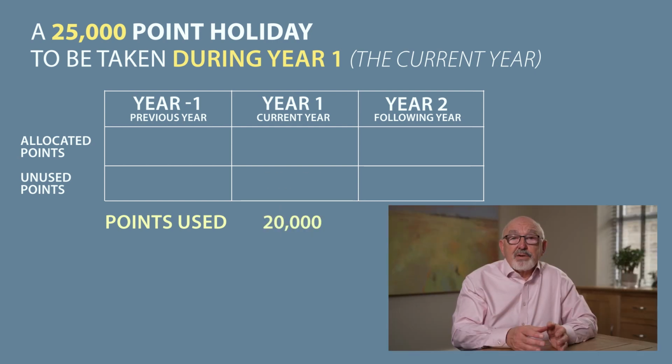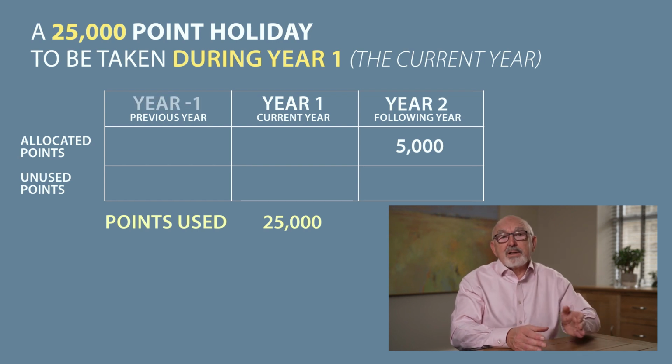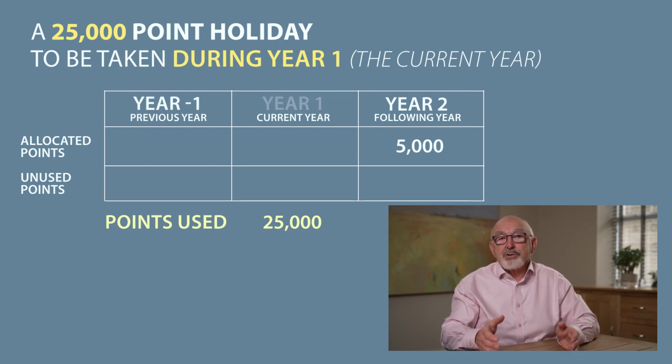The point system is flexible enough that we can use up to 50% of next year's points. So we're now using year minus 1, year 1, and year 2 for points. We take 10,000 points from year minus 1, 10,000 points from the current year, and we bring back 5,000 points from year 2 into year 1. Those points are then gone, so they would no longer exist in year 2. That's another way that the point system is flexible.